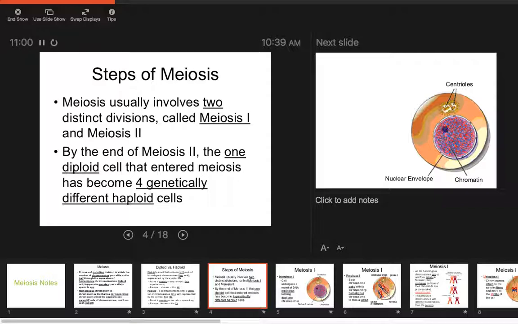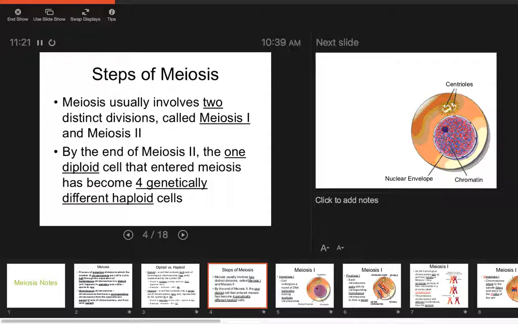Remember, I said a sperm cell doesn't enter meiosis. It's not a sperm cell becoming more sperm cells, or an egg cell becoming more egg cells. It's a specialized body cell called a germ cell that enters meiosis to become a gamete.